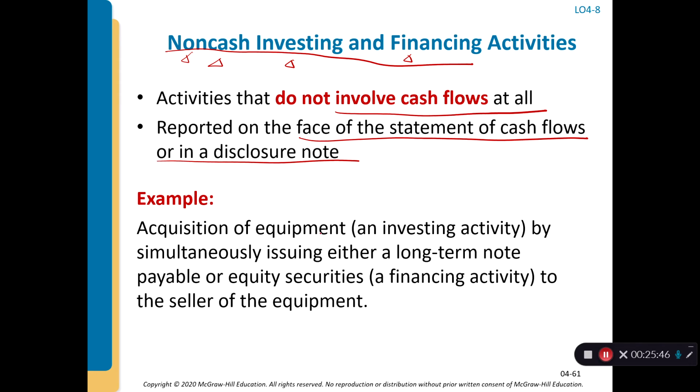A good example is the acquisition of equipment, which is considered an investing activity, by simultaneously issuing long-term debt payable or issuing equity to buy this equipment. It does not involve cash, but you have to disclose these two similar financing and investing activities in the cash flow statement notes section.